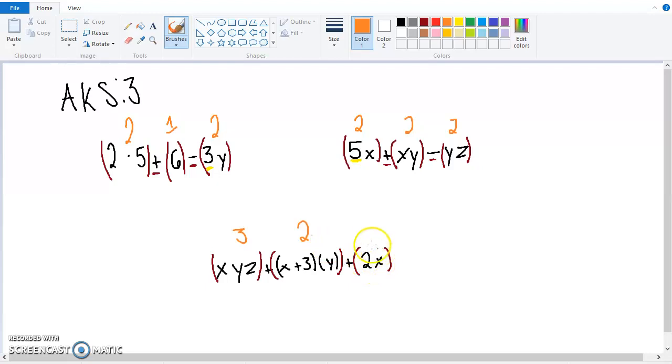And then in your third term you would have 2 factors again, since 2 times x is 2 factors.